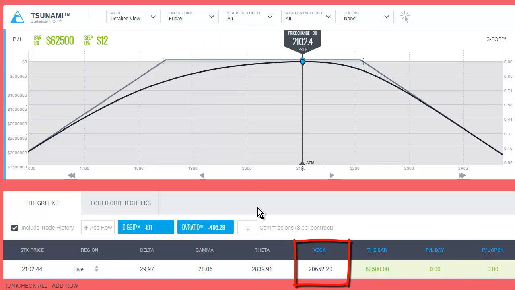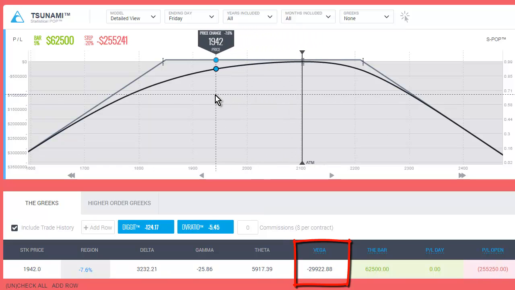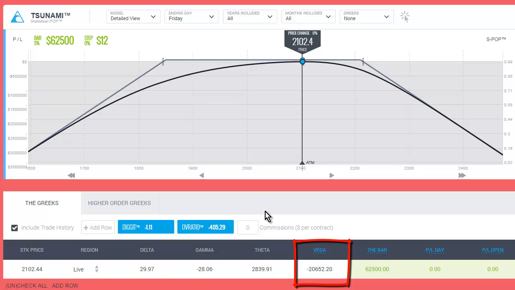So we have negative Vega going this way as well as negative Vega going this direction. One thing that's structured very poorly in this particular type of trade is the negative Vega all over here on this side. As the SPX drops down, there's an inverse correlation of price to volatility, so the volatility moves up, especially with the large moves.